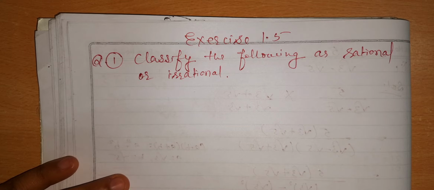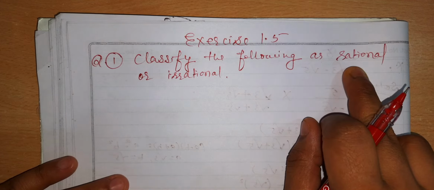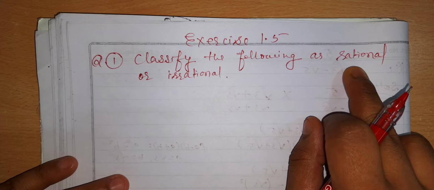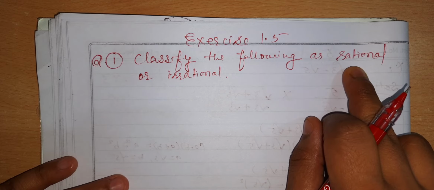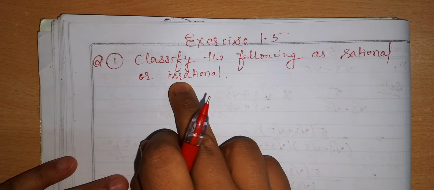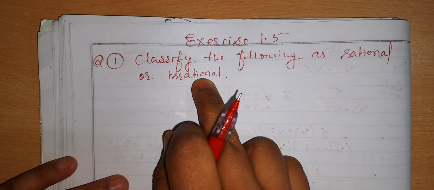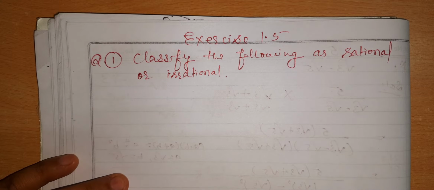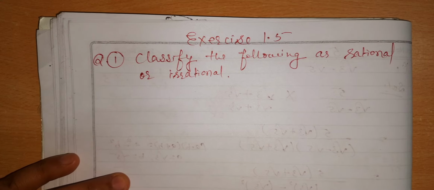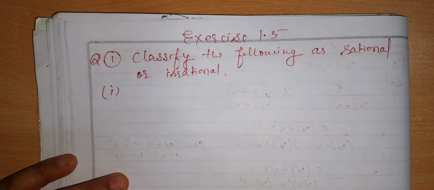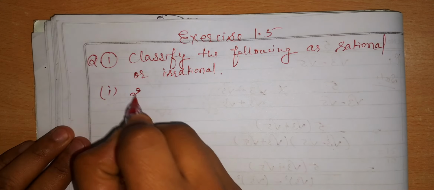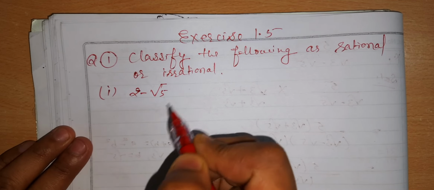The other way: the decimal expansion of all rational numbers is terminating, or non-terminating and repeating, and the decimal expansion of all irrational numbers is non-terminating and non-repeating. So on the basis of the definition we will classify. The first number given is 2 minus root 5.